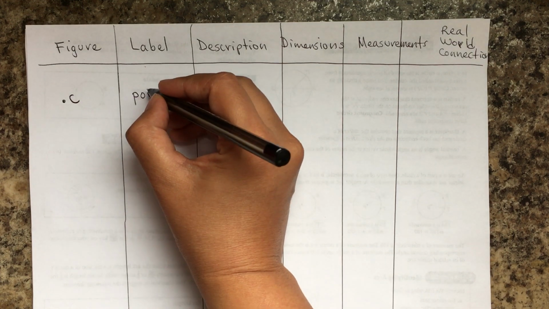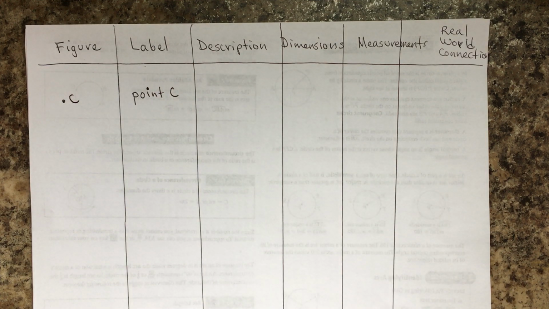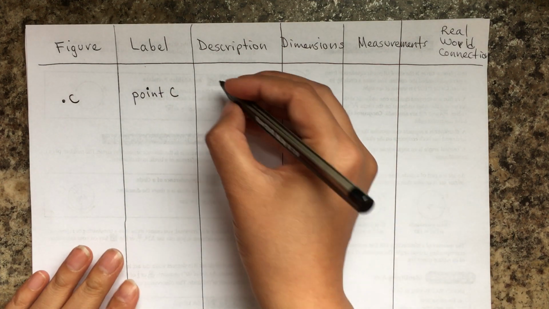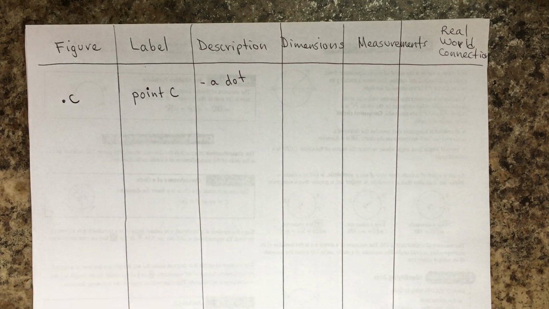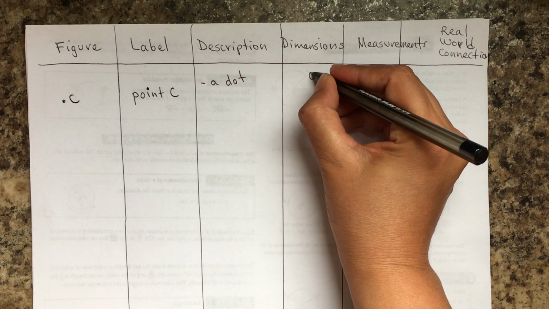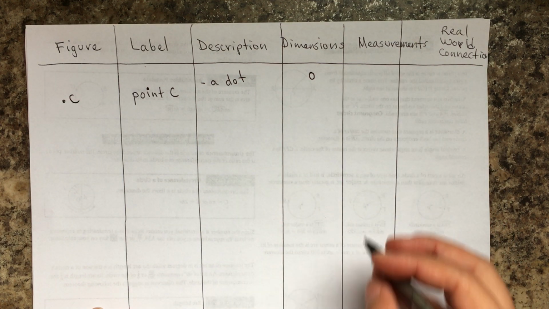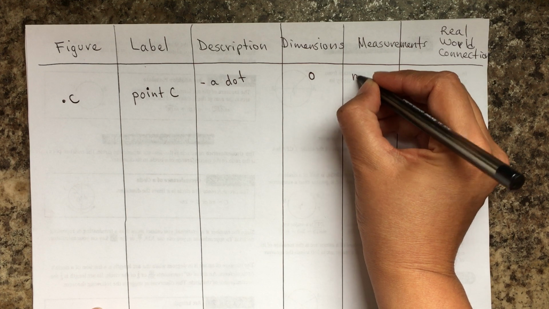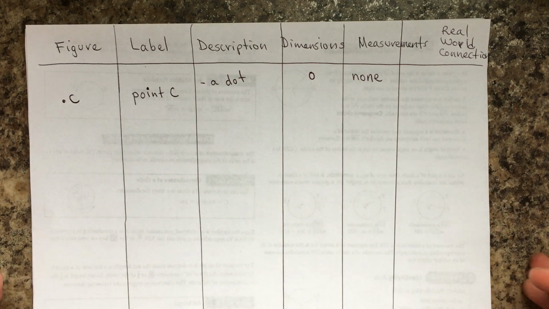It is just not possible to define them. And so a description, we can just say that it's a dot. The dimensions, well, there are 0 dimensions, and for the measurement, there is none. You cannot measure a dot.